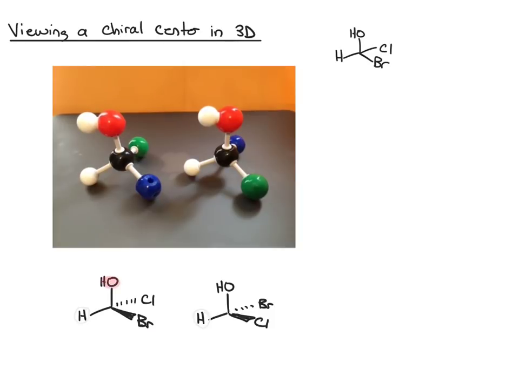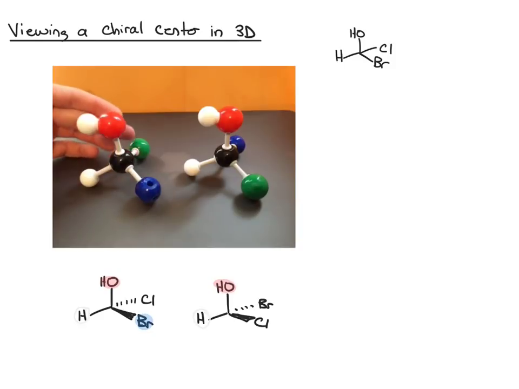So there's our OH group. These bonds represent the plane. And then the blue sphere is representing the bromine. And on this first model, the bromine's coming out towards us, and the chlorine, which is green, is pointed away from you. So think of this as the plane of the page, and then going behind is the chlorine, coming out is the bromine.